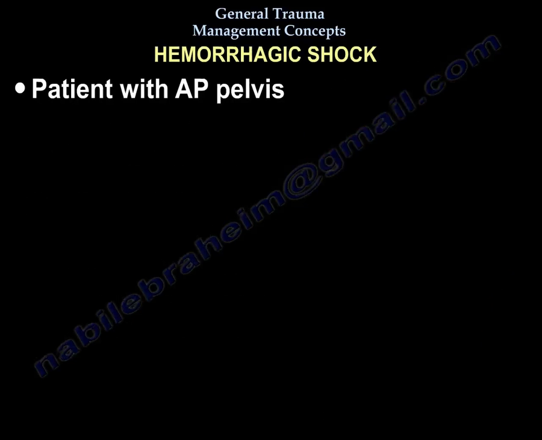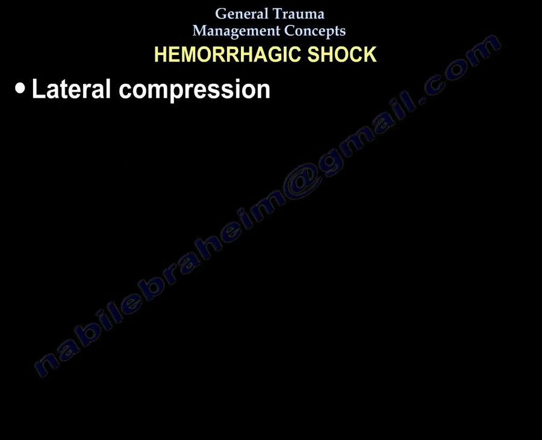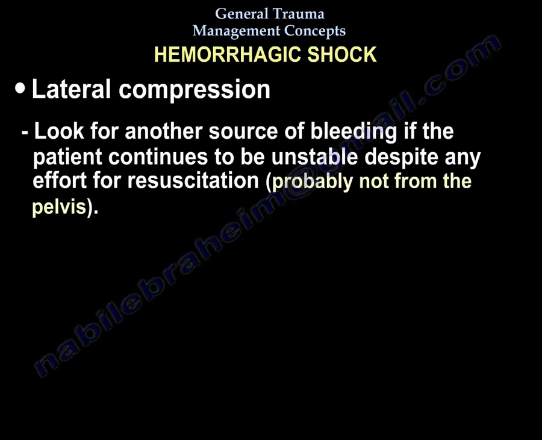Patient with AP pelvis, you can put a binder, you can close the book, you can help with the hypotension and the hemorrhage. But what if the patient has a lateral compression? Then look for another source of bleeding if the patient continues to be unstable despite effort of resuscitation. It's probably not the pelvis.